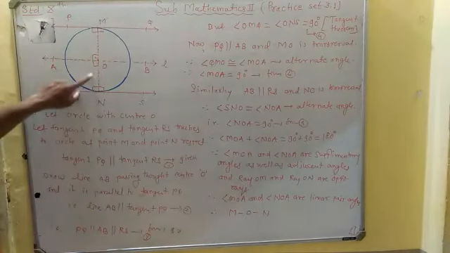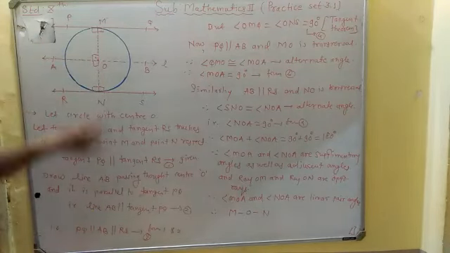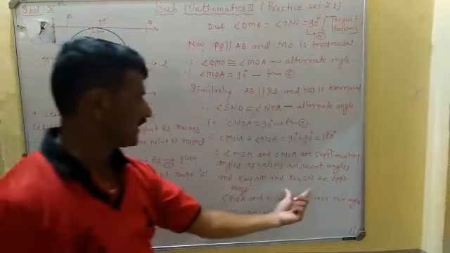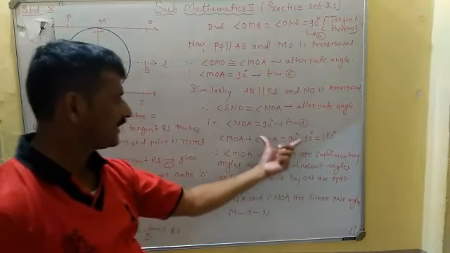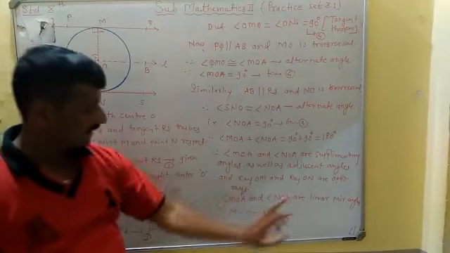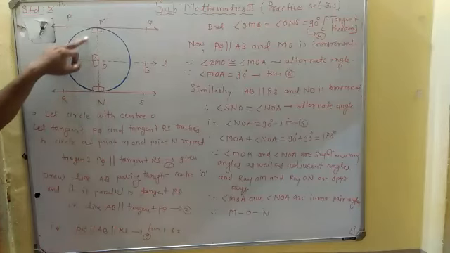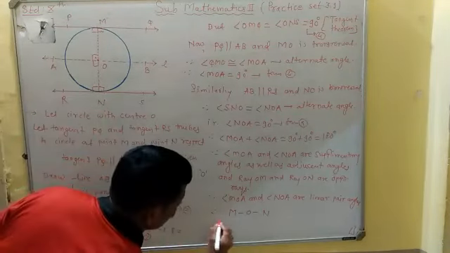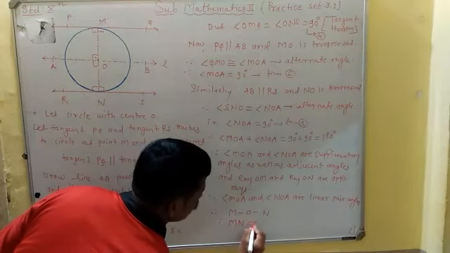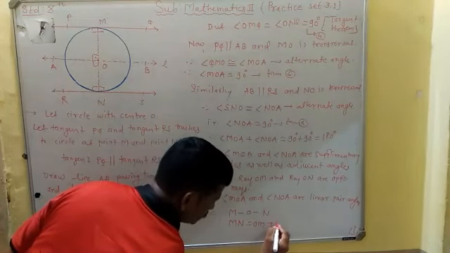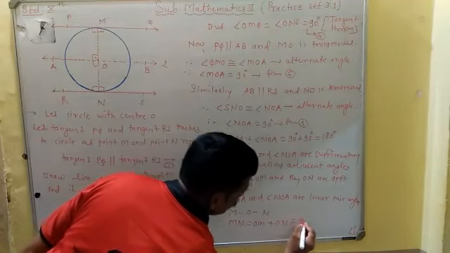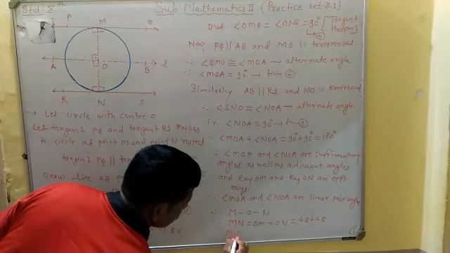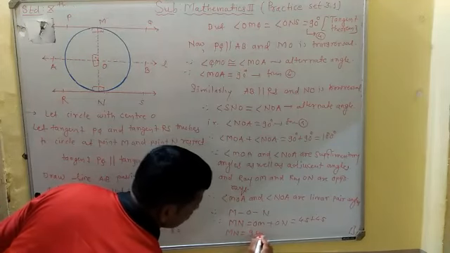Okay, that means here O is between M and N, because OM and ON form opposite rays, they are adjacent, they are supplementary, they form linear pair angles, and that means here M, O, N are collinear points, and therefore we write here MN is equal to OM plus ON is equal to 4.5 plus 4.5, we get MN is equal to 9 centimeters.